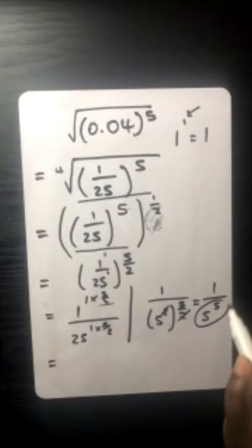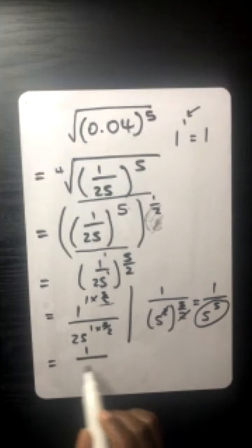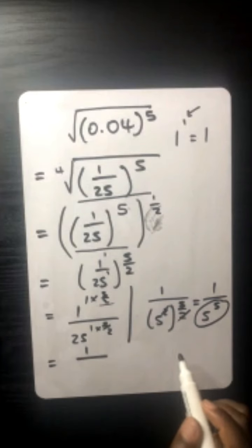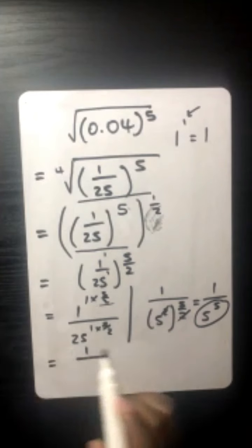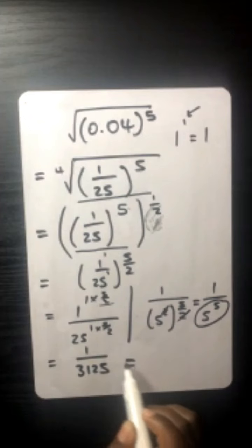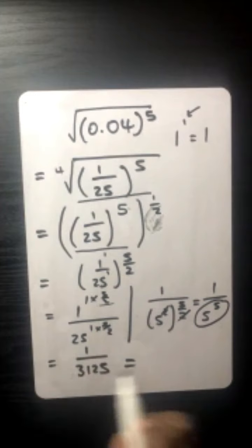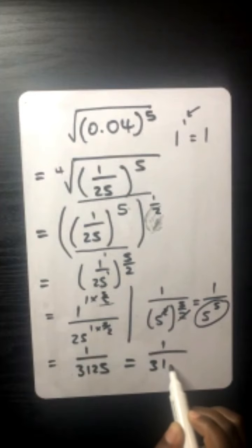Just punch that one only and say 1 over, what is 5 to the exponent 5? It's 3,125. Yes. So this cannot be further simplified. It therefore remains as 1 over 3,125.